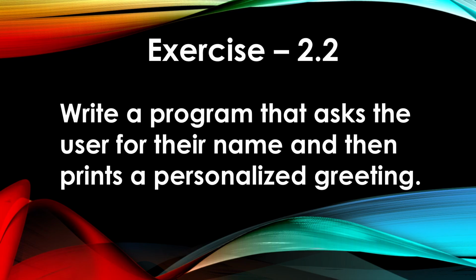Exercise 2.2: write a program that asks the user for their name and then prints a personalized greeting. So you have to use the input function, create a variable, and in a print function you have to greet the user with their first name. It's a simple exercise, give it a try, and we'll upload the solution in the next video.